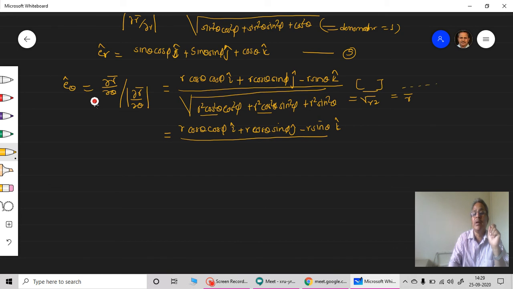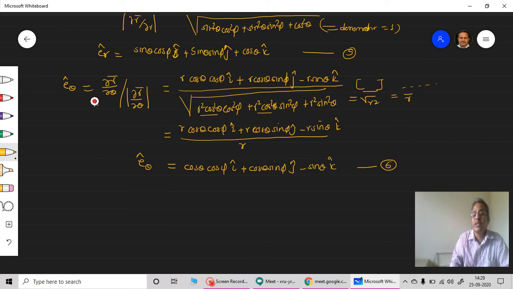So this vector divided by r, everyone has this component r there, and cancelling this we get this E theta cap, second unit vector. It is simply cos theta cos phi into I cap plus cos theta sin phi into j cap minus sin theta into k cap.